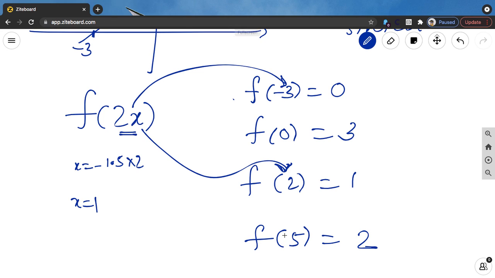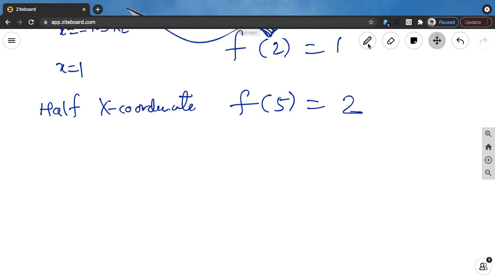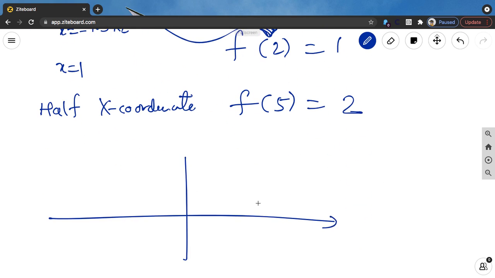Essentially all I'm saying is at half the value of x, at half the x coordinate, I'm able to get the same graph. Let me draw the graph and then I will show you what I mean.